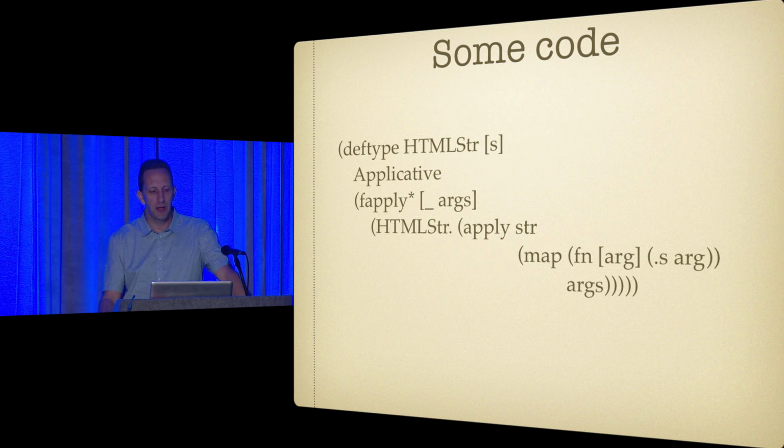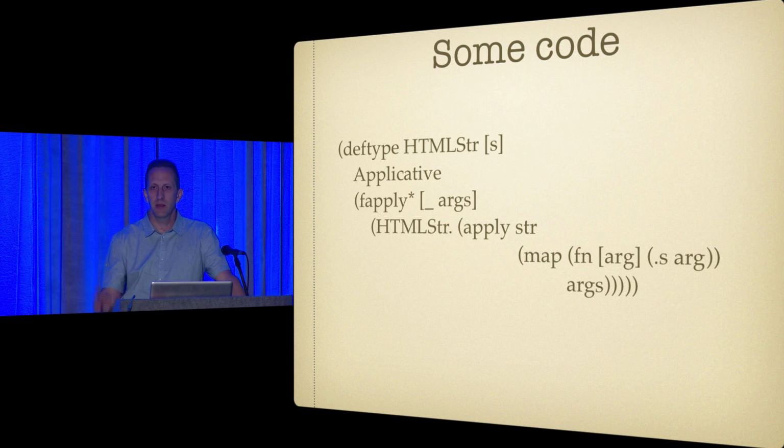So I just create this little record type that is just an HTML string, and s is just a string. So this just wraps a string and then has an implementation of fapply star, so it knows how to do it. And in this case, I'm not even paying attention to whatever function fapply star was given.